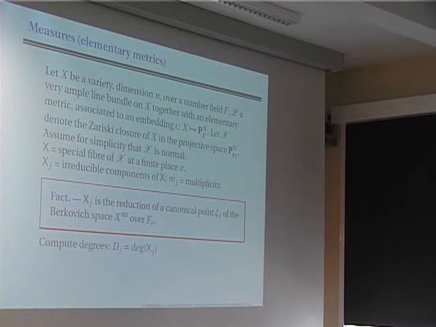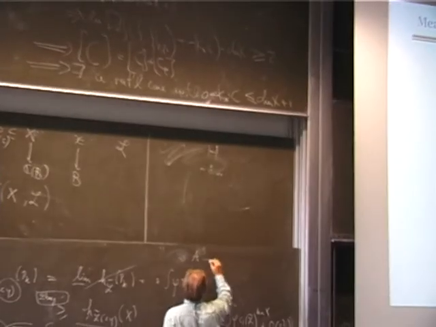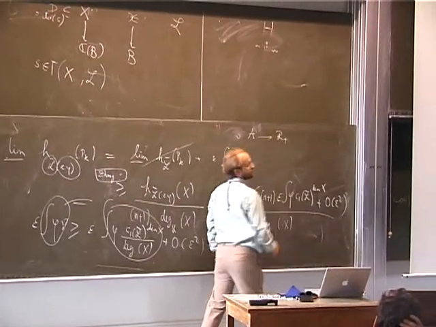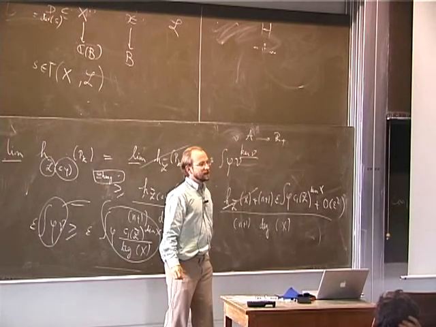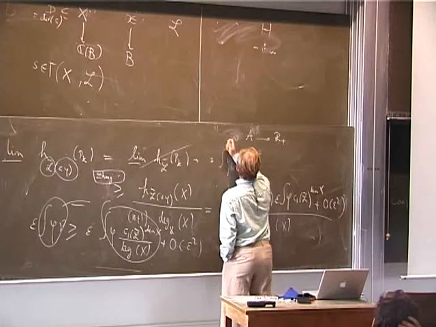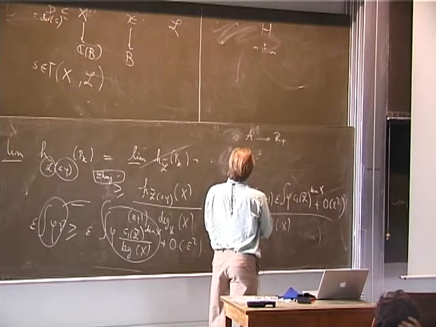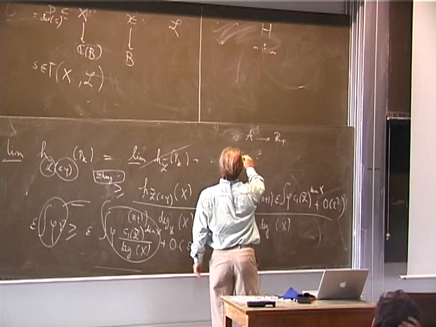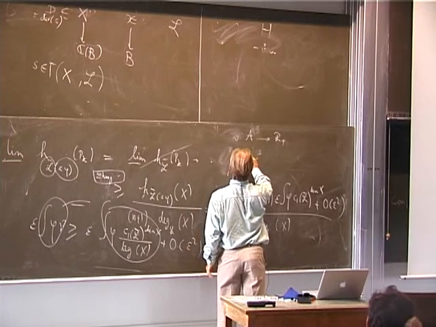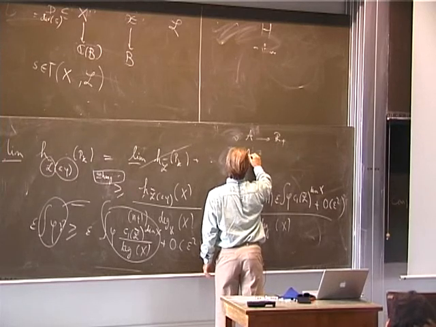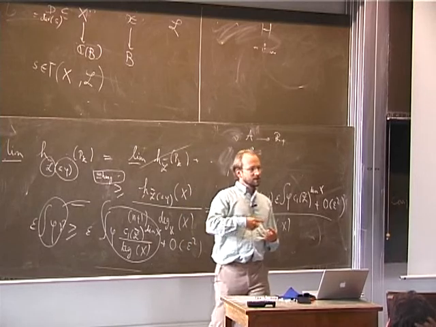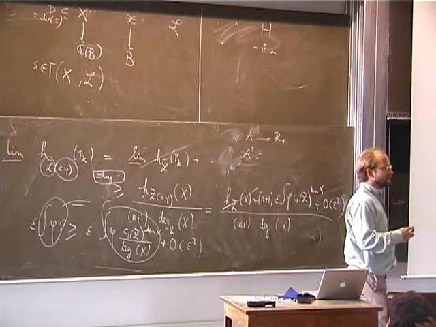If I have a point in some affinoid algebra, a semi-norm ν to R plus, I can look at the kernel of ν.